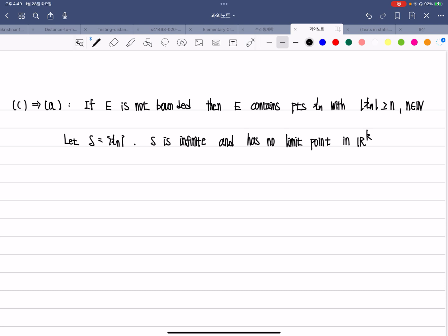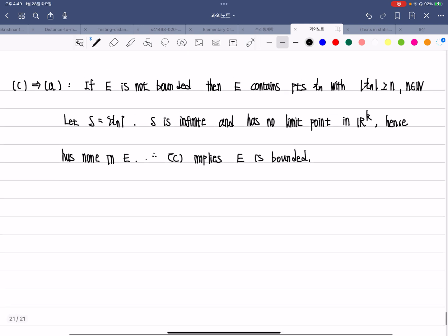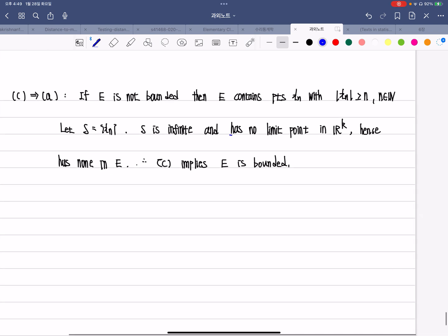Hence E is bounded. S has no limit point in Rk.